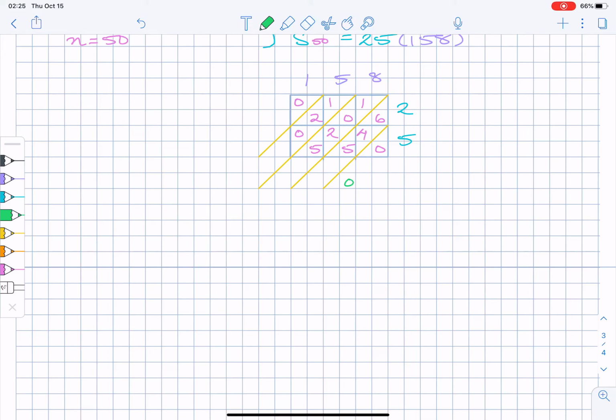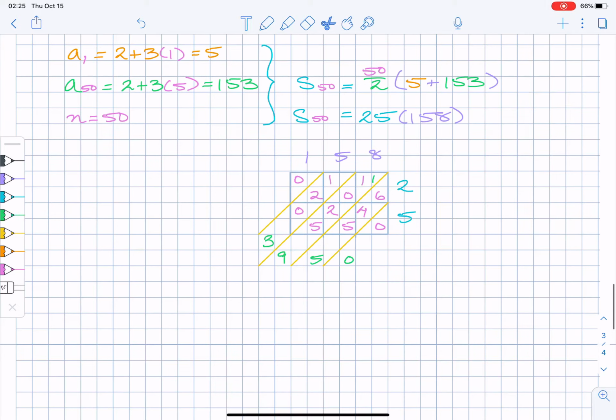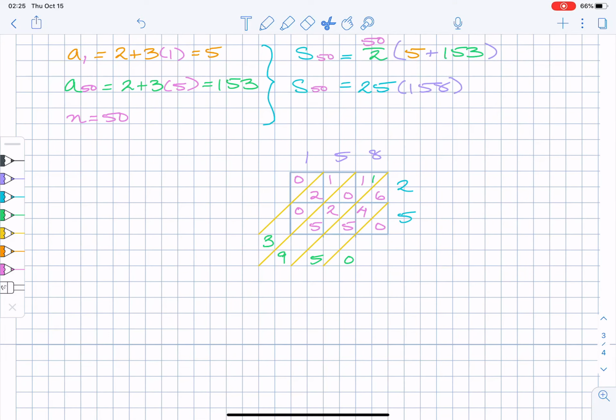Then 6, 4, and 5 is 15, so I carry the 1. 5, 6, 7, 8, 9. Then 3 and 0. So I claim that the 50th partial sum is going to be 3950.